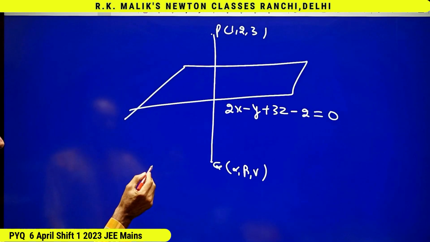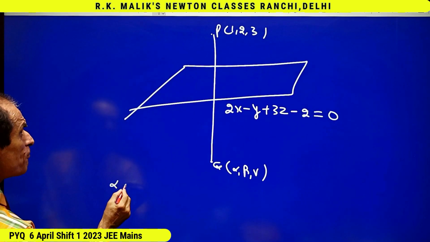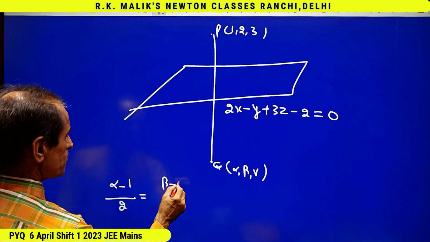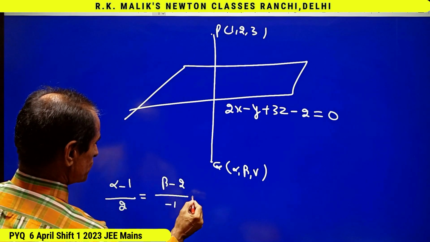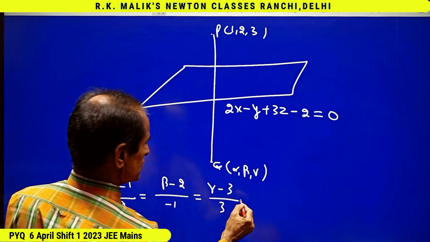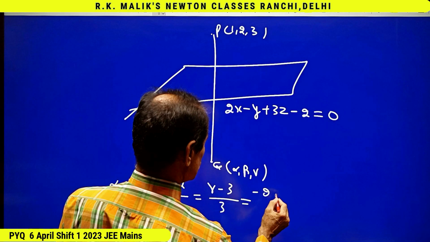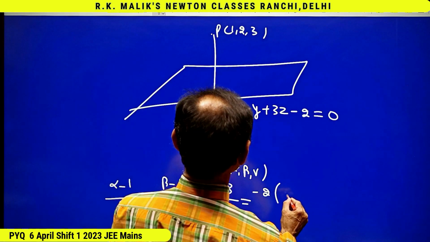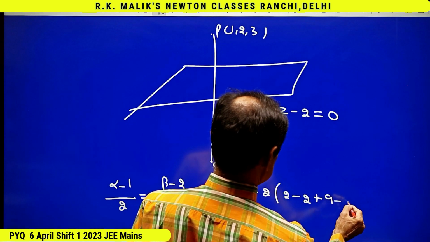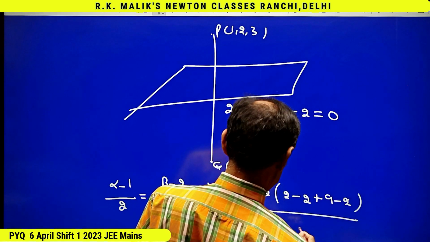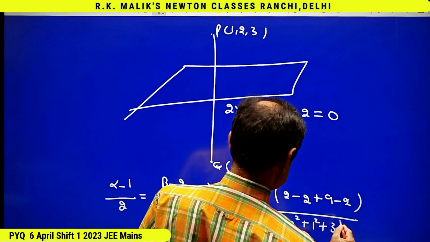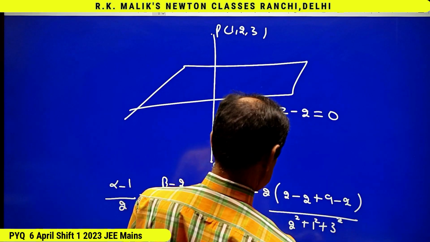Then using the formula, (alpha minus 1) by 2 will be equal to (beta minus 2) by minus 1 will be equal to (gamma minus 3) by 3 is equal to minus 2 into (2 minus 2 plus 9 minus 2) upon (2 square plus 1 square plus 3 square).